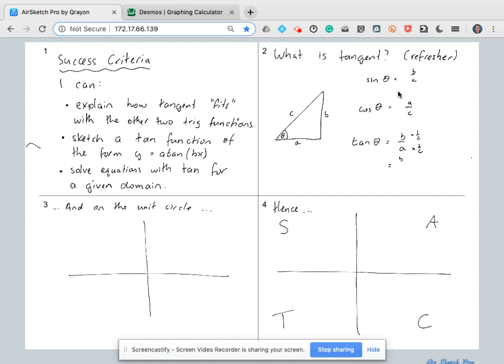So I get B over C over A over C, okay? B over C we've defined as sine theta, and A over C is cos theta. So purely from a right angled trigonometry perspective, we've got tan theta equals sine theta over cosine theta.